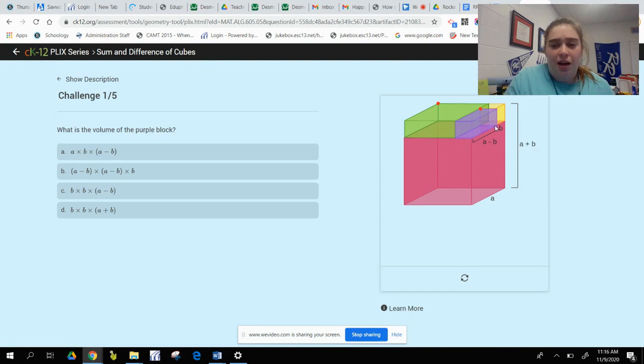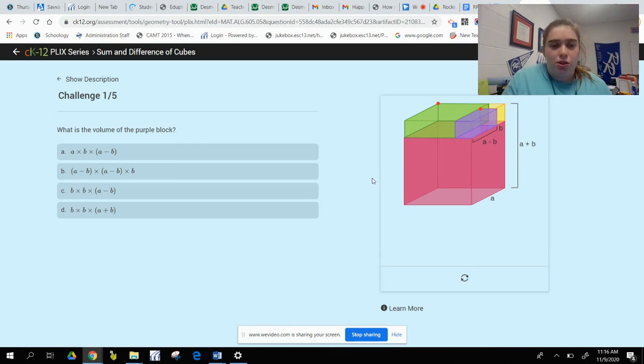I would consider that the length right here. So the length is A minus B. Okay, now let's look at the width right here and the height. So the width is going to be just like this yellow block back here because that is a square shape. So that measurement right there is B, and then the height's going to be the same thing, B also.